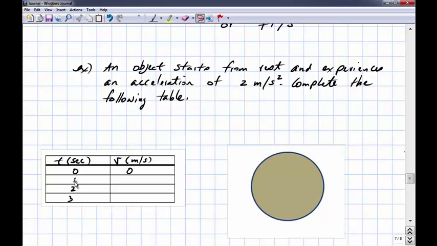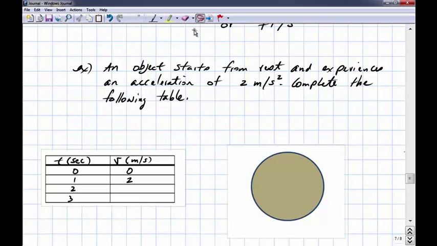Well, at time 1, because the acceleration is 2 meters per second squared, that means that the velocity will change by 2 meters per second every second. So after 1 second elapses, the velocity will change from 0 to 2 meters per second.